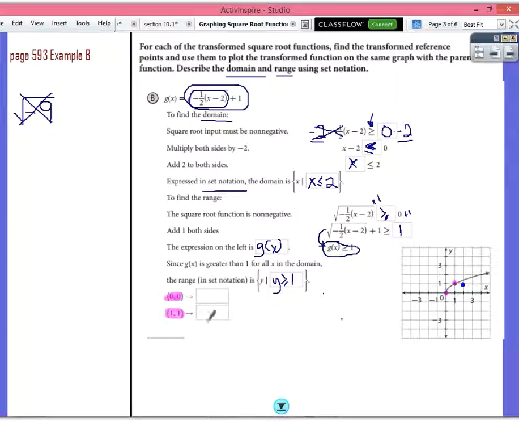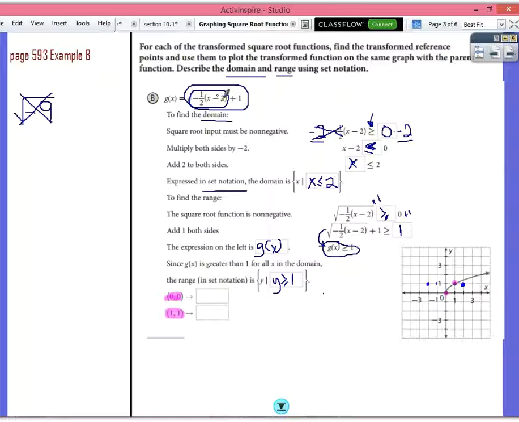Now let's look at the point 1, 1. First, I want to consider how the negative is going to affect it. That's going to flip it across the y-axis. It'll move it to the point -1, 1. Then the multiplication by 1/2 is going to stretch it by a factor of 2. So I'll double what that is, and that'll move it over to -2.